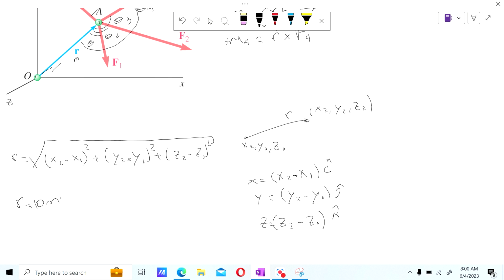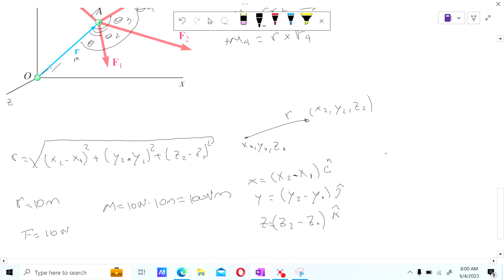But if they give you the distance, and say they give you the total force, then it's very simple, because the moment is 10 newtons times 10 meters, which is 100 Newton meters. But if they give you the force in terms of a vector and the distance in terms of a vector, what you can do is get the cross product in terms of a vector.